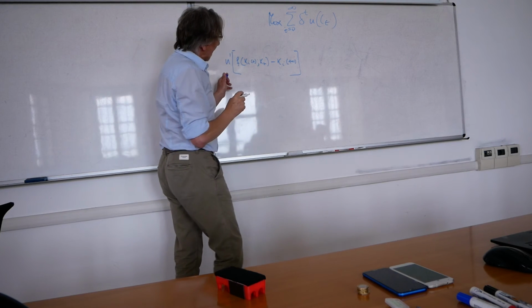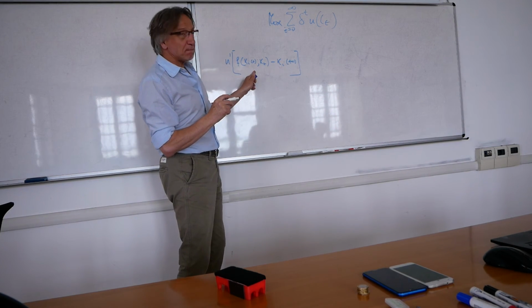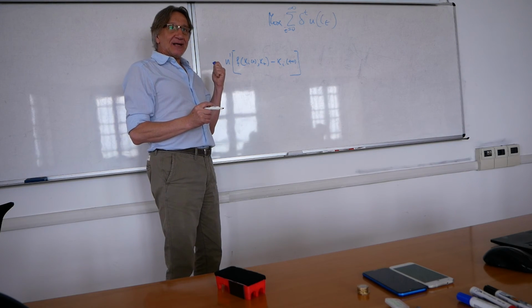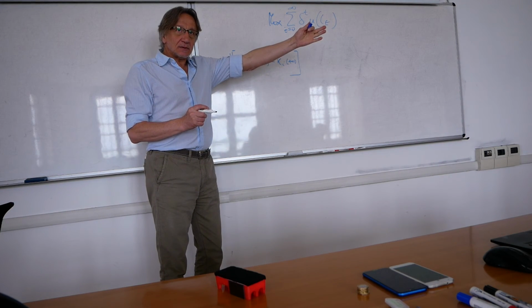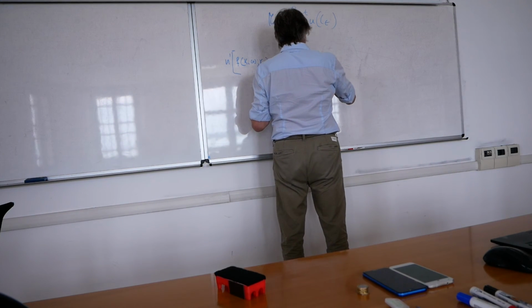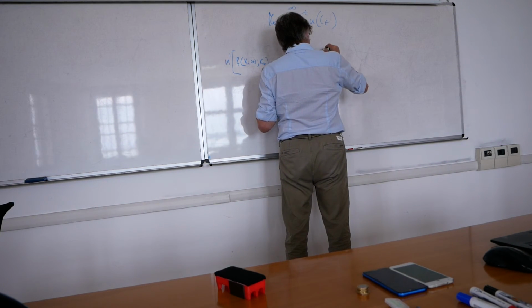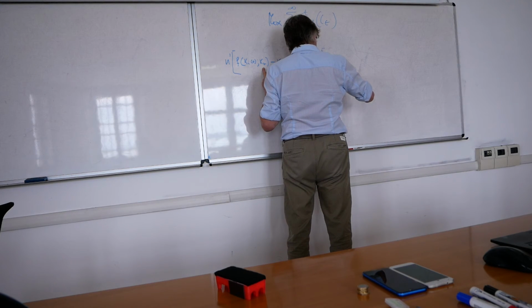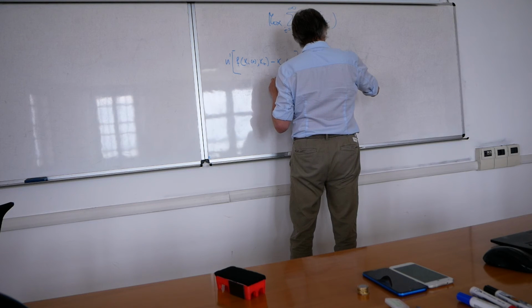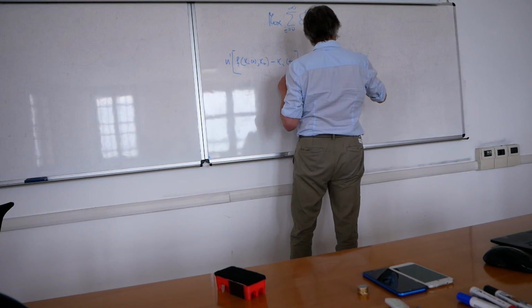Right? That's the marginal utility of the consumption of household i given the aggregate choice, and this has to be equal to the marginal utility again of household i next period.